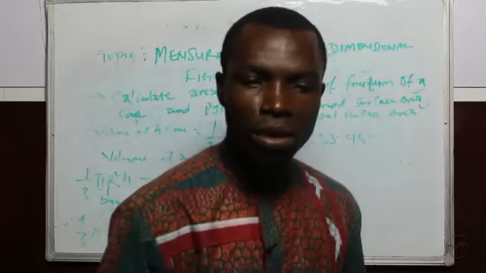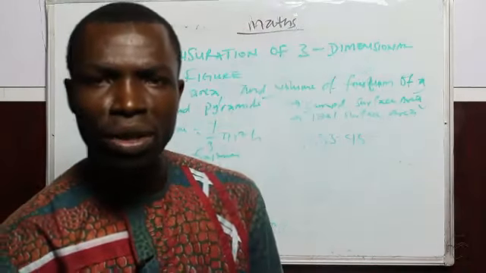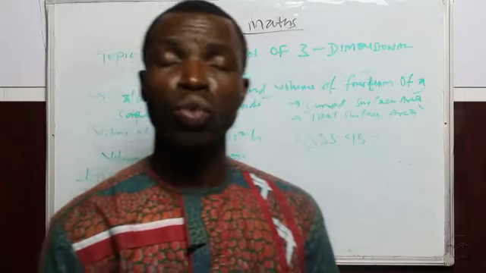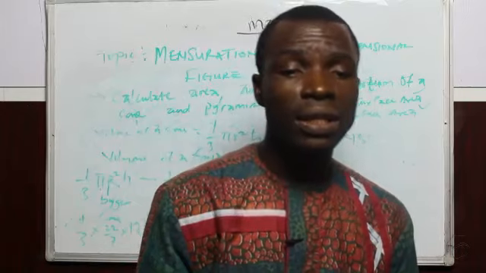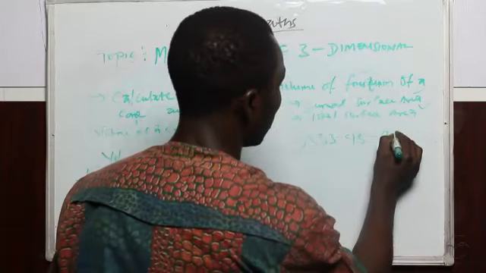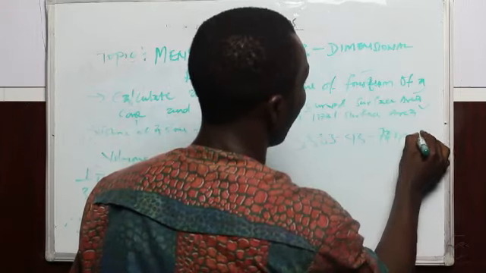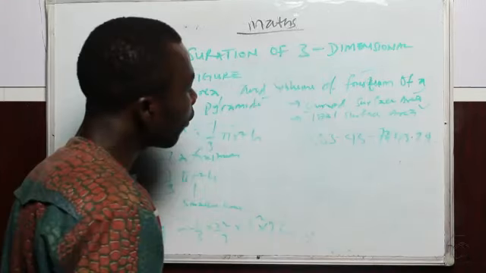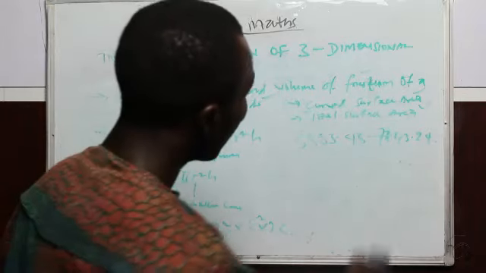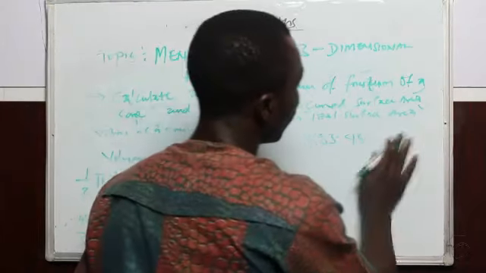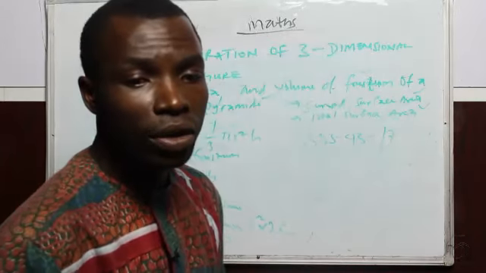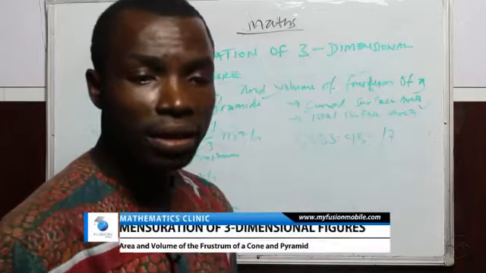Check your calculator. I'd like you to press it very well to have an accurate answer. 1,743 point what? 1,743.24. So 5,883.43 minus 1,743.24.